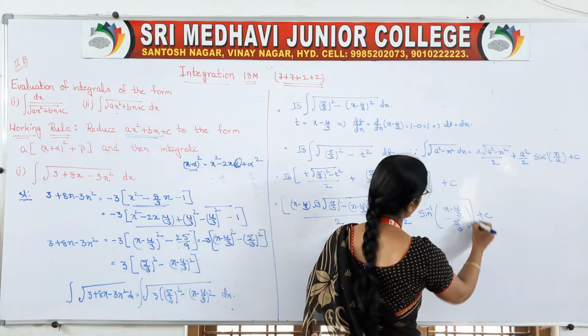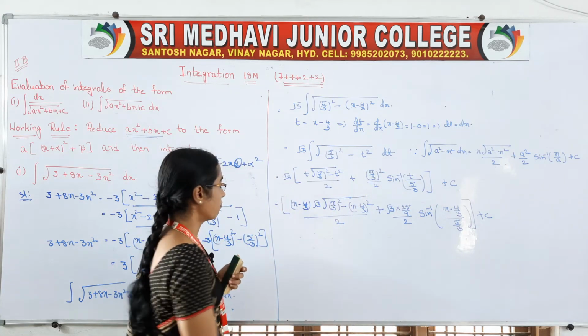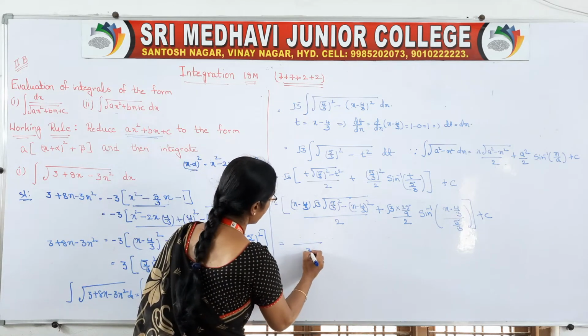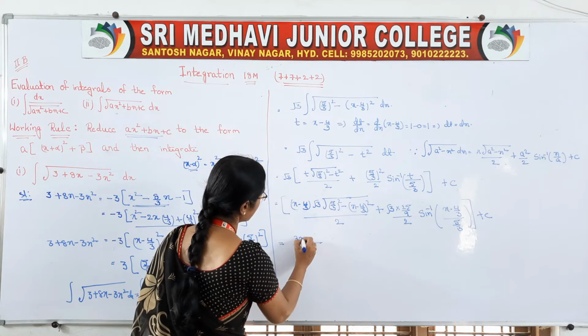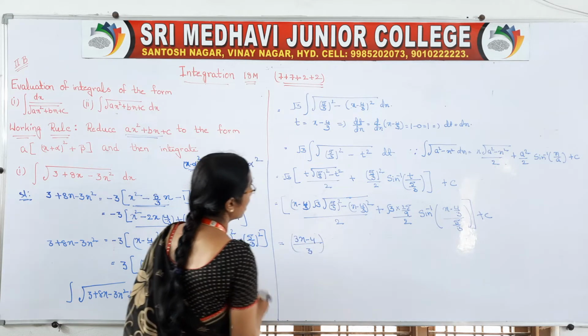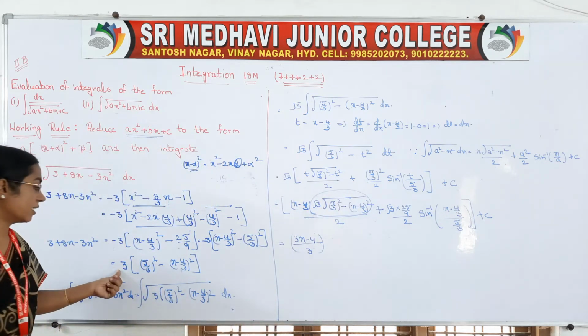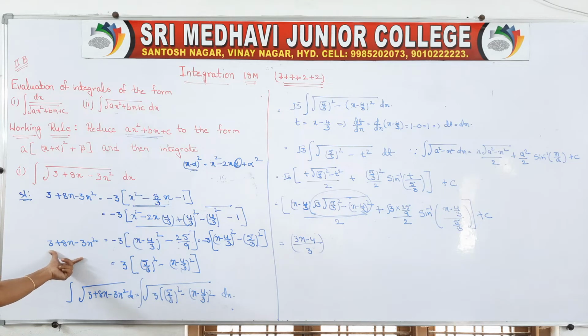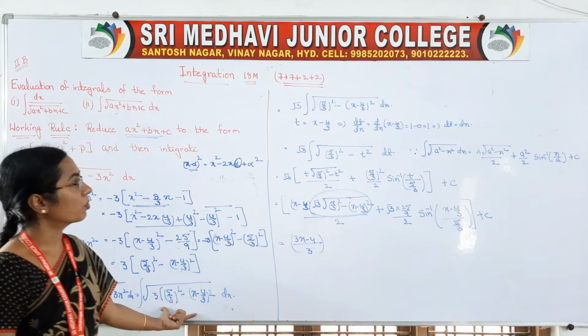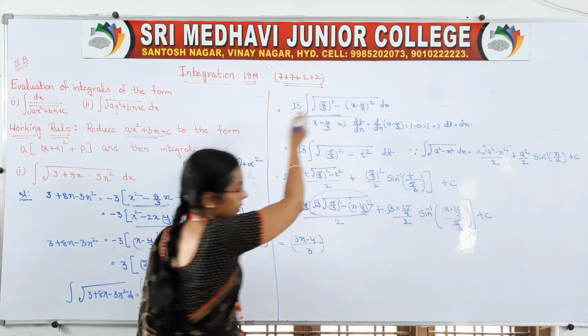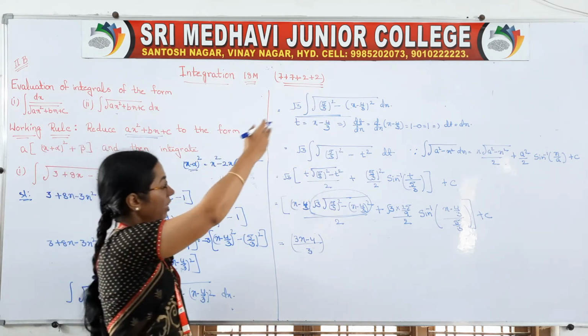But we have to simplify. Here we can take 3 as the LCM, 3x minus 4, and observe this one. What is this? In the beginning, if we take the root for 3 plus 8x minus 3x², we got this value, root 3 outside, root 3 into this value.